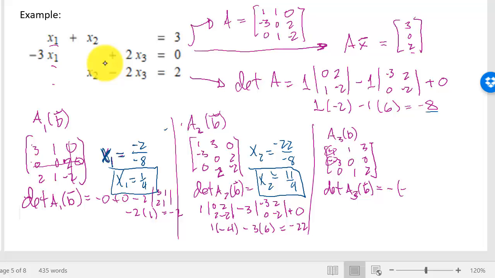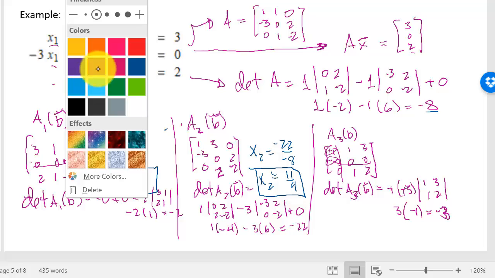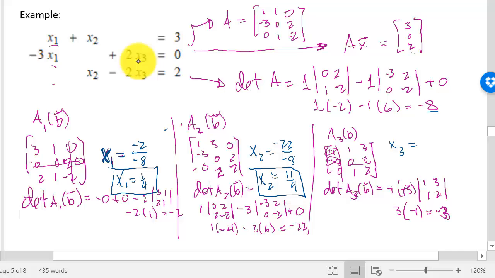So it's going to be negative 3, and then cross out the row and column. We have 1, 3, 1, 2. So this is going to be a 2 minus 3, which is negative 1, so positive 3 times negative 1, negative 3. Okay. So lastly, that would give us our solution for x3. x3 is going to equal negative 3 over negative 8. So that's just 3/8.